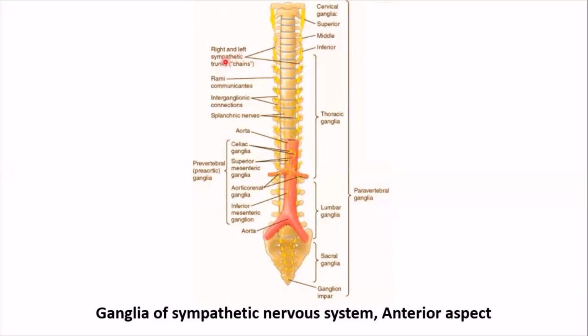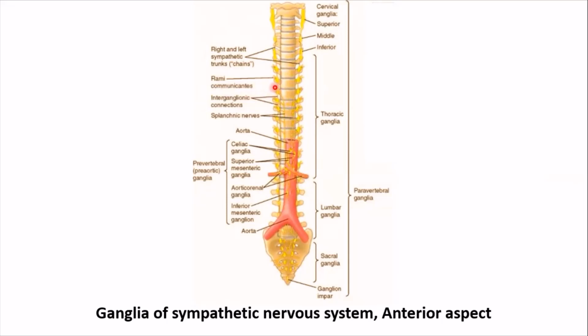You can see three important things: right and left sympathetic trunks, or chains. Sympathetic, which is the thoracolumbar outflow. The sympathetic trunks, chains, are related only with the thoracic ganglia and the first two to three lumbar. Then these are the splanchnic nerves, and these are the interganglionic connections, and these are the rami communicantes.